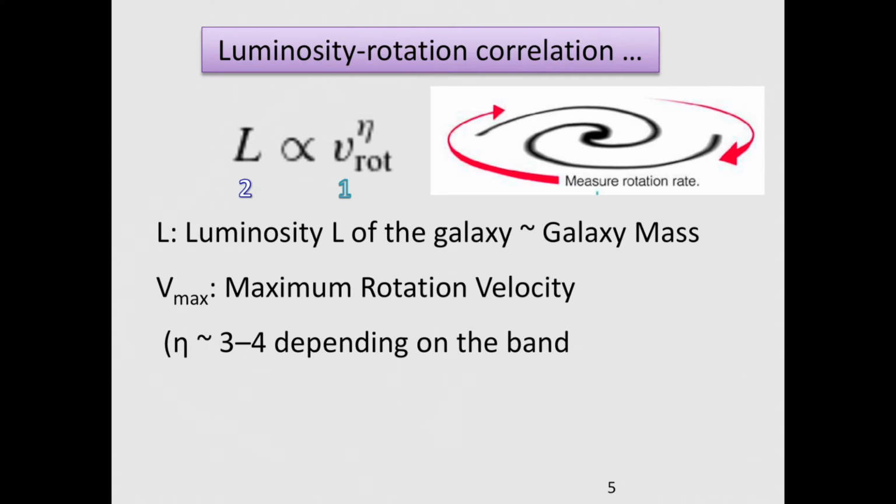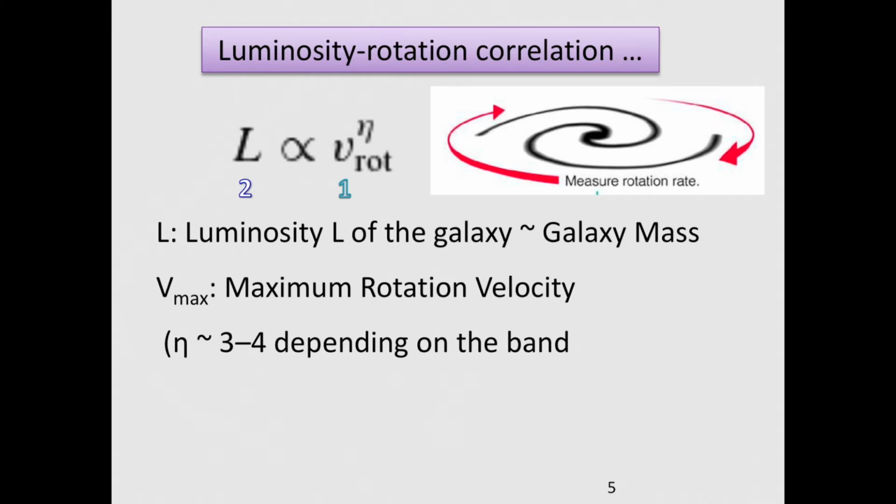Spiral galaxies are flat and have disky features, and they are spinning around their center. There is a well-known relationship between the absolute luminosity of spiral galaxies and how fast they rotate. In astronomy, this famous relationship is known as the Tully-Fisher relationship.